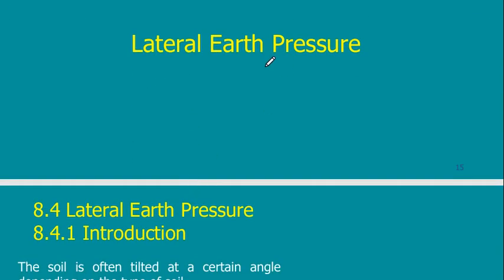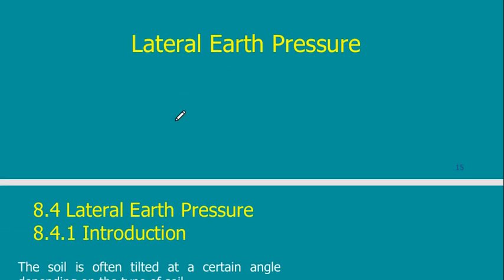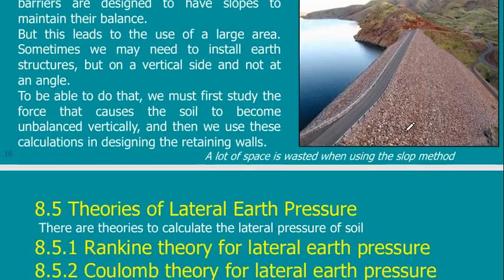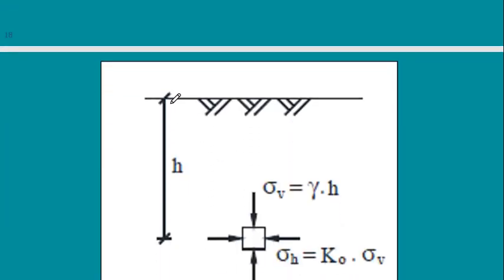We said that to design the wall, we need this time to know what a lateral earth pressure is. The lateral earth pressure is the pressure on the wall. We know the vertical earth pressure. If I have a point here at a depth of h, the vertical earth pressure is gamma h.